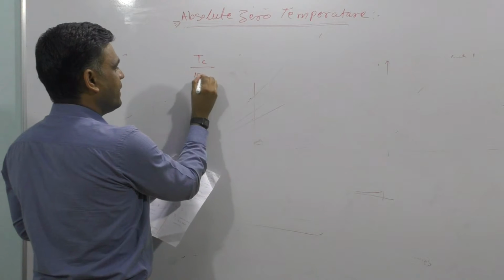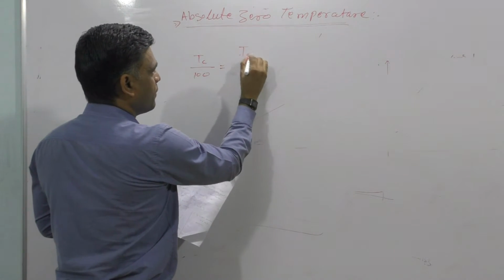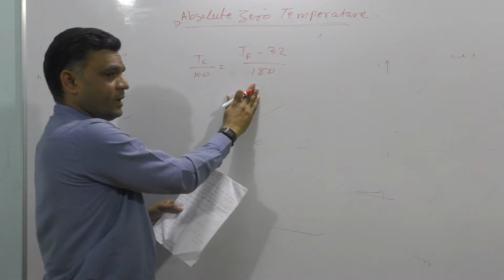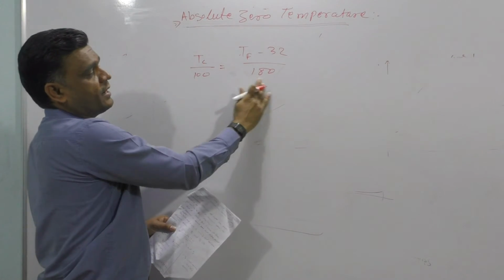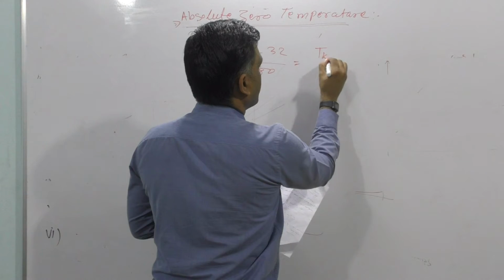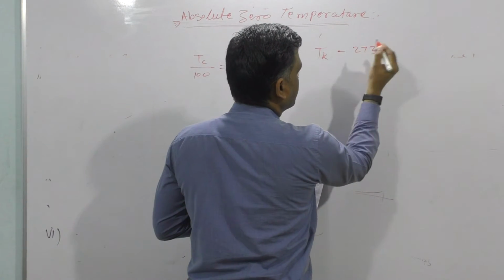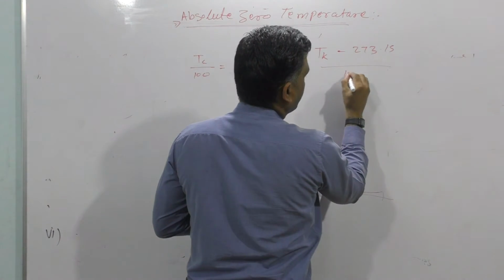Tc divided by 100 is equivalent to (Tf minus 32) divided by 180, because in the Fahrenheit scale the interval is subdivided into 180 parts, is equivalent to (Tk, K for Kelvin, minus 273.15) divided by again 100.